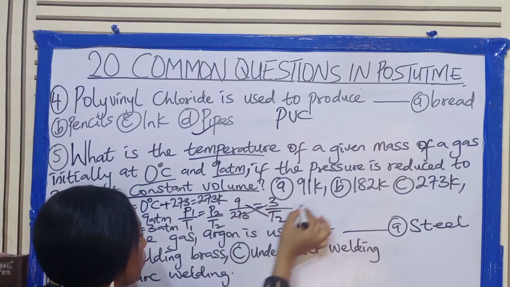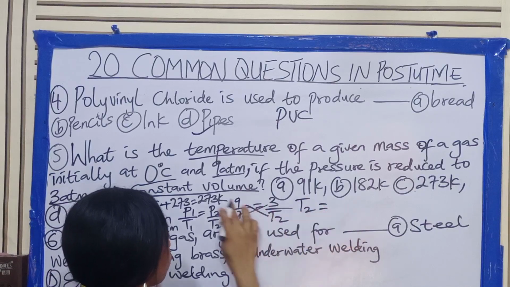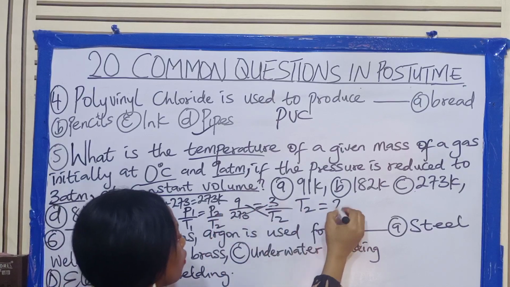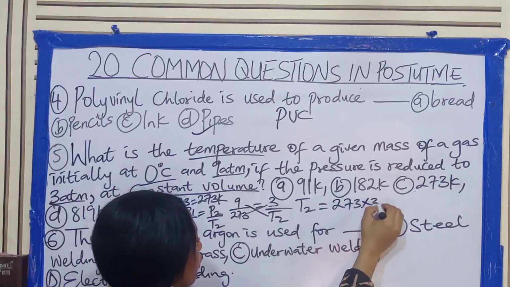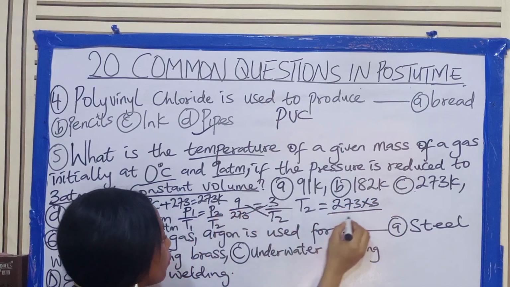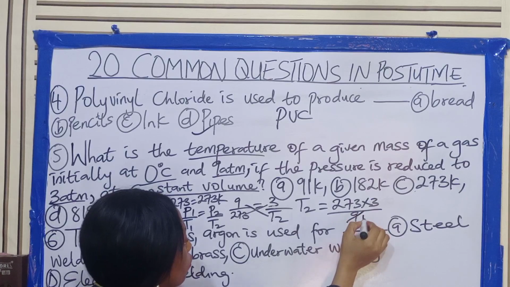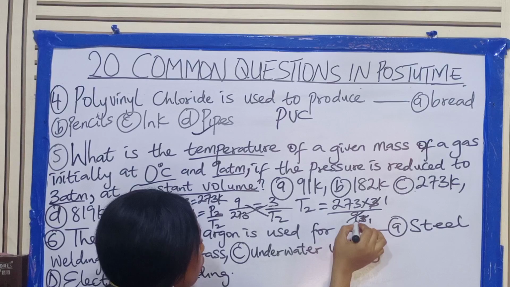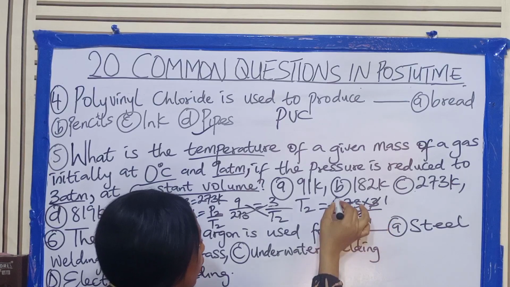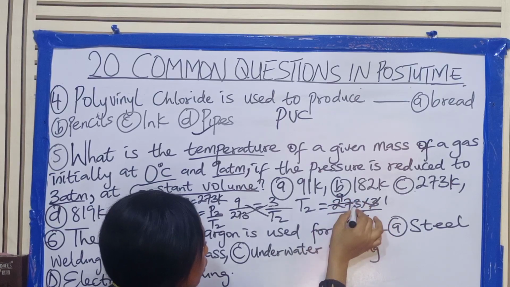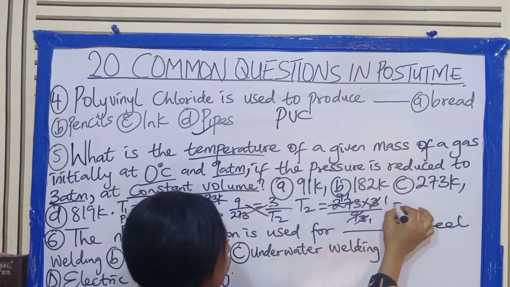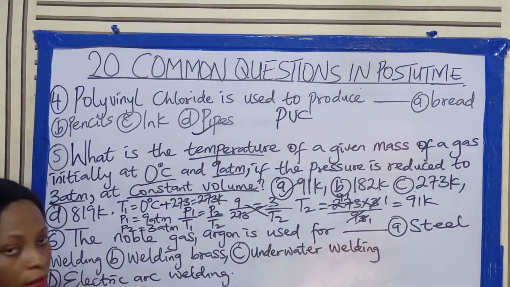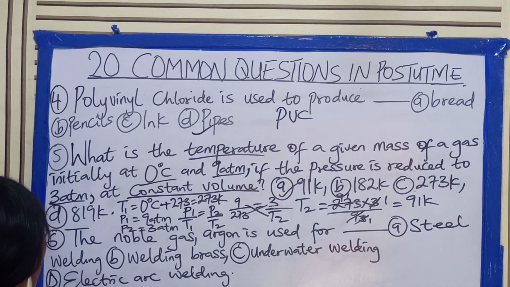Now when you cross multiply, you have that T2 is equal to 273 times 3 divided by 9. 3 cancels, 9 into 3 is 1. So you have that T2 is 91 Kelvin. A, answer.